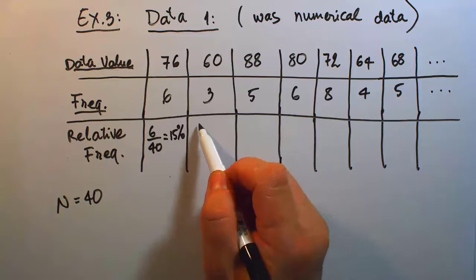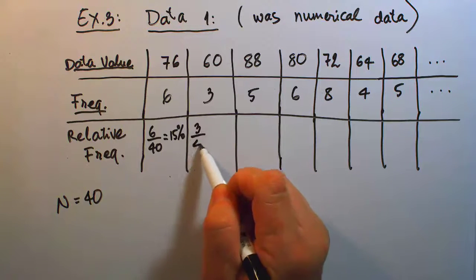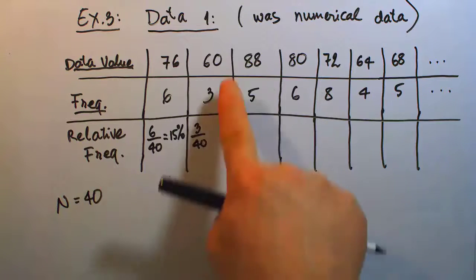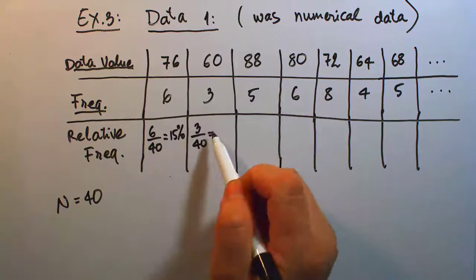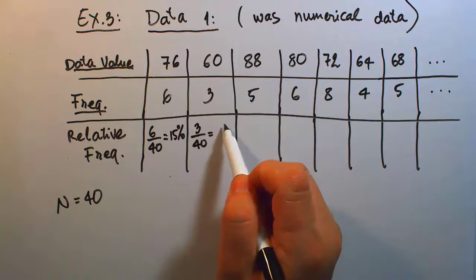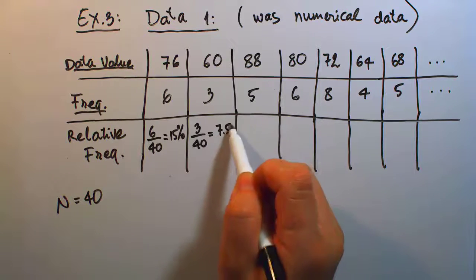3 out of 40 is the relative frequency for 60, and that's in percentage, that's 7.5%.